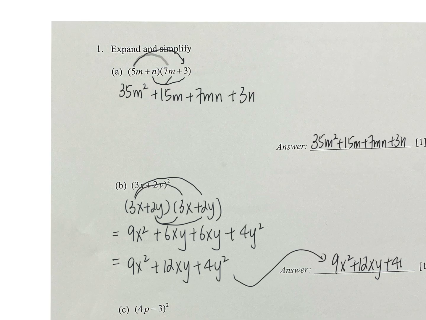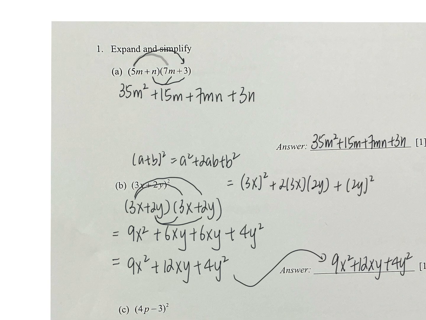Those of you who use the formula, (a plus b) squared is a squared plus 2ab plus b squared, can also do it. So you square this, 2ab, plus b squared. You will also get this answer.